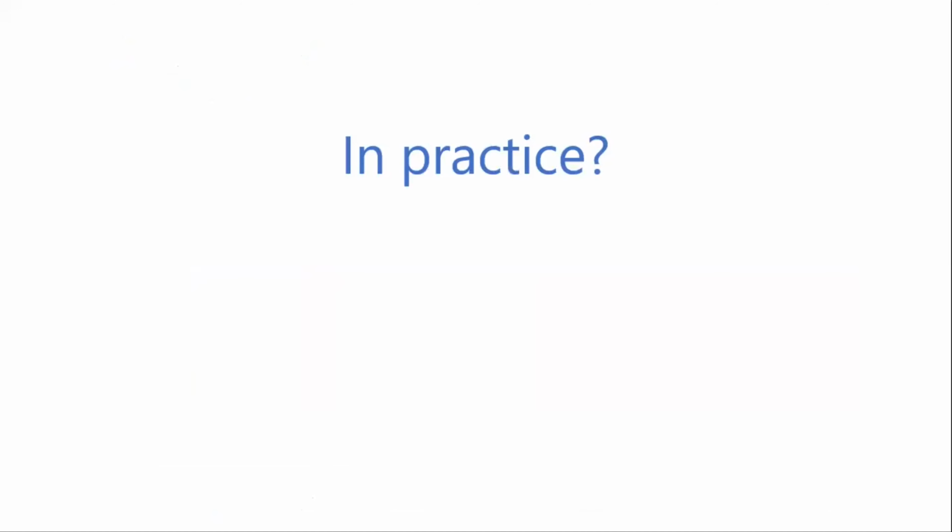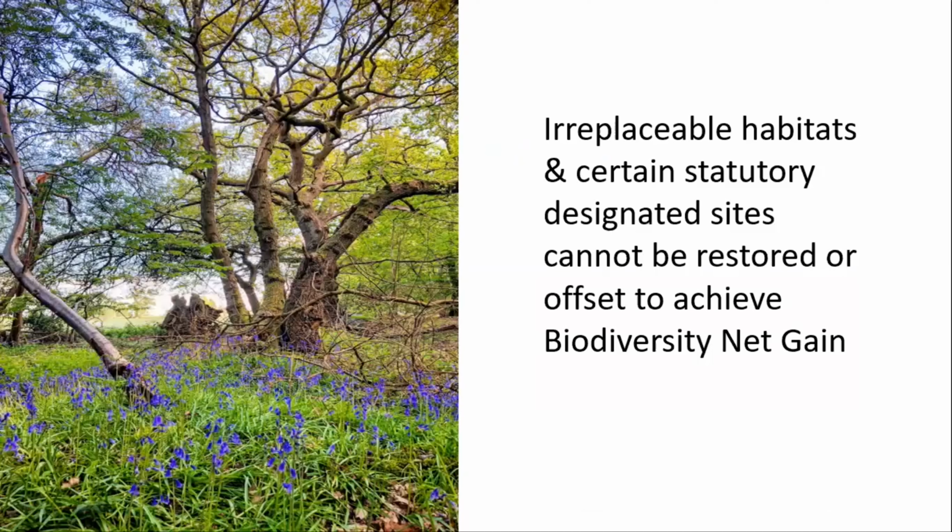The first starting point, and the most important, is we have to know what the concept of net gain does not apply to, and we have to be very, very clear and firm on this. In the UK, irreplaceable habitats and certain statutory designated sites cannot be restored or offset to achieve biodiversity net gain.